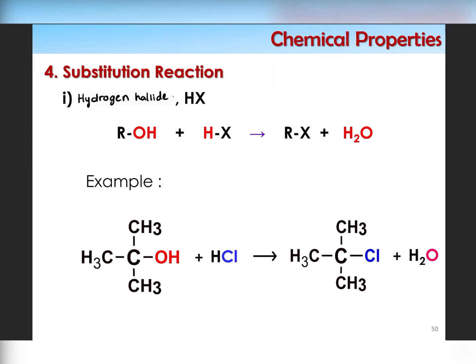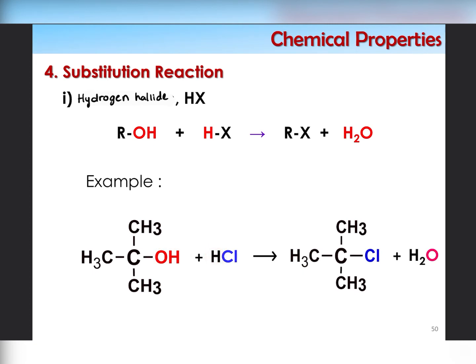Okay, so general reaction, alcohol react with hydrogen halide, kamu akan dapat haloalkane and water molecule. So ini akan remove to form H2O molecule. Okay, so for example, you have this alcohol OH and then H daripada HCl.